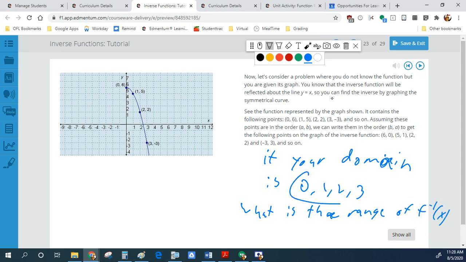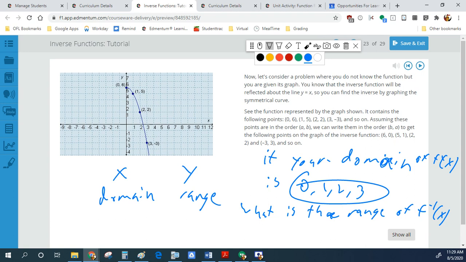And honestly, it's just going to be the same thing, because your domain and your range switch, because remember, x is your domain, y is your range. So if we're dealing with switching x and y, that means we're going to be switching our x, our domain and range. Does that make sense?